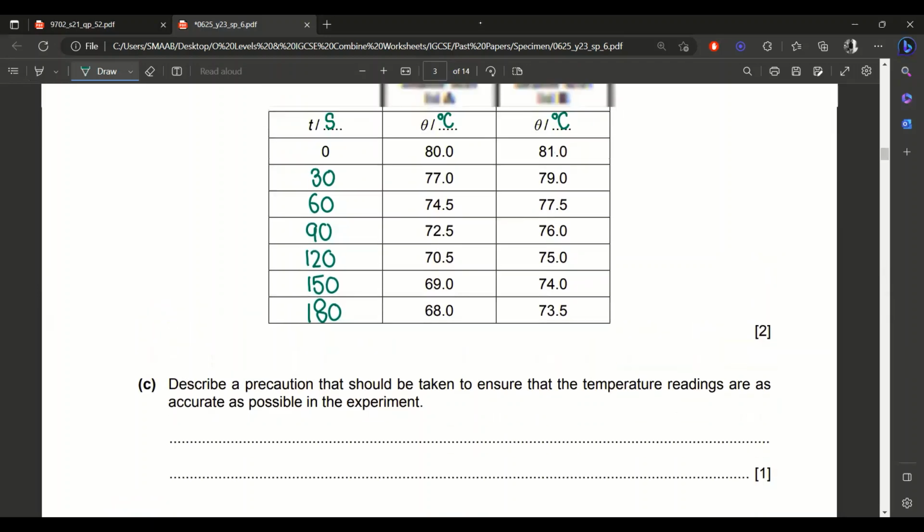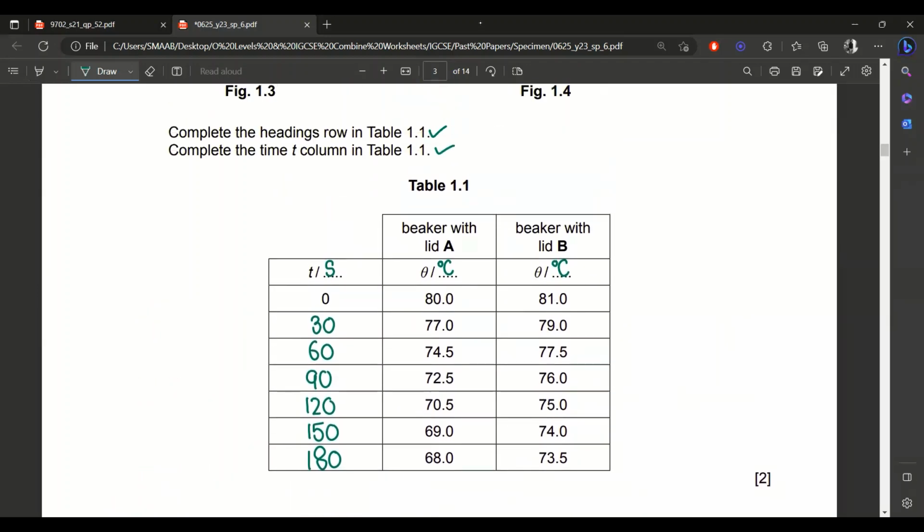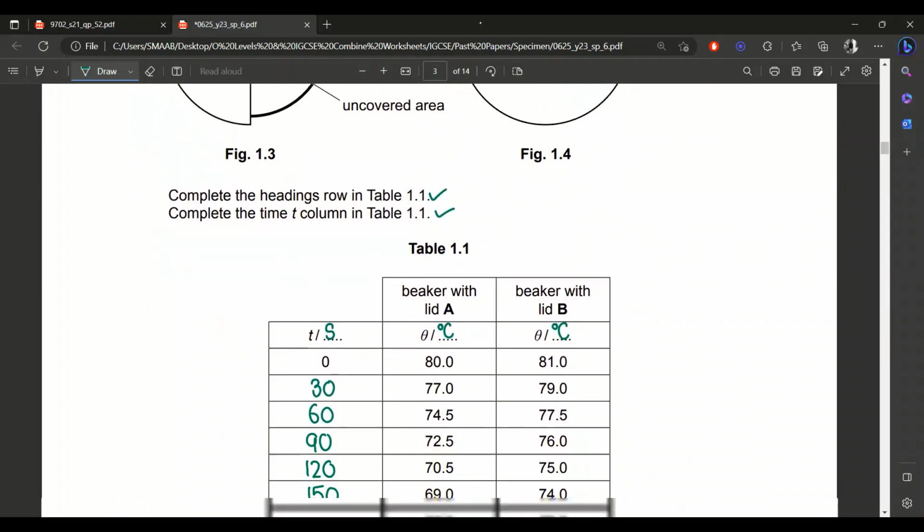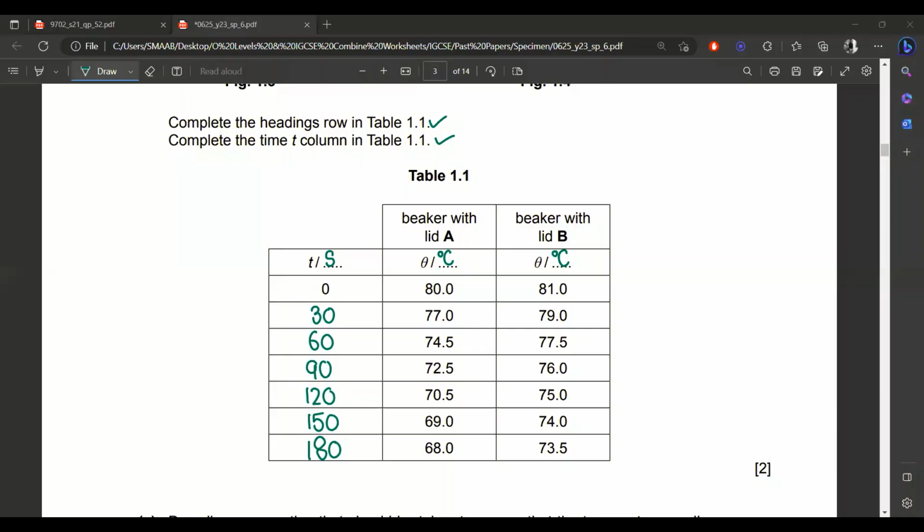Okay, so while we are taking the reading, there is a change in temperature, right? In the example of the table, we saw that the temperature is decreasing from 80 to 68 for beaker A and 81 to 73.